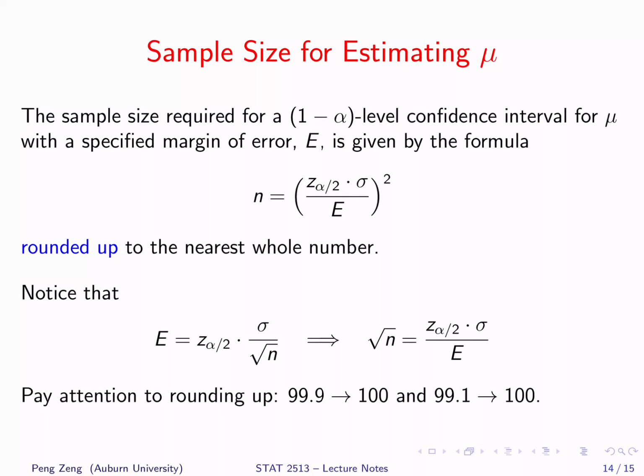The margin of error equals z alpha over 2 times sigma over square root n. Do a little bit of algebra and we get square root n equals z alpha over 2 times sigma divided by E. Square both sides, and we get the formula to calculate the sample size.